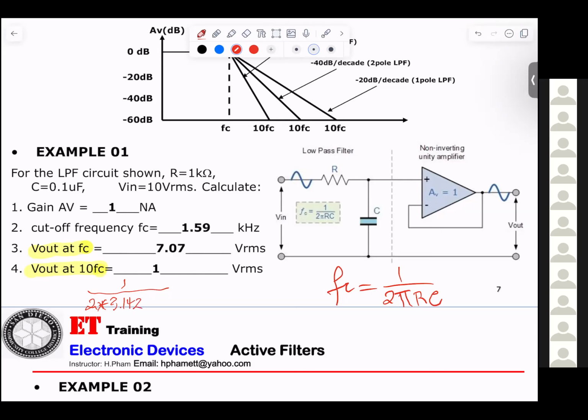3.142 times R, which is 1 times 10 power of 3, times C, 0.1 times 10 to the minus 6.